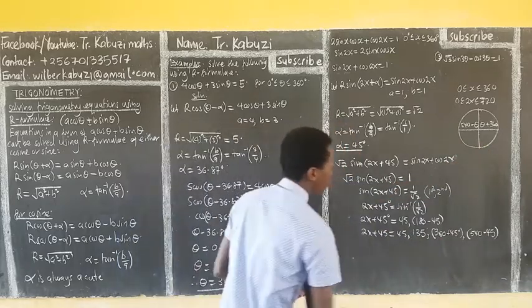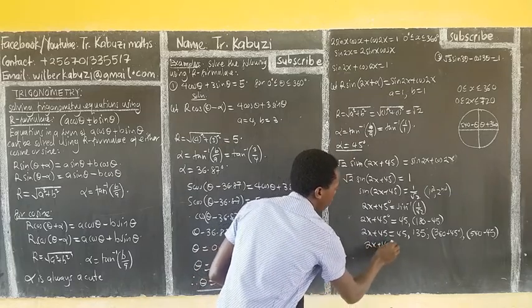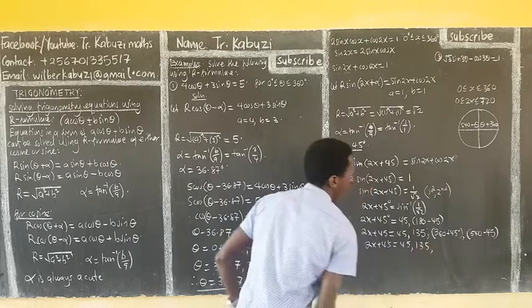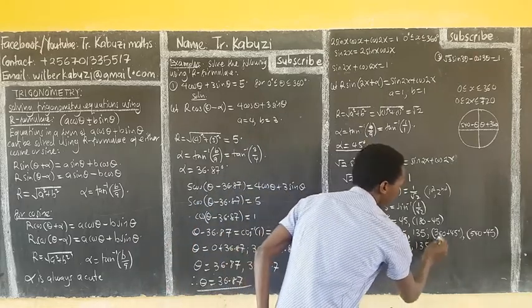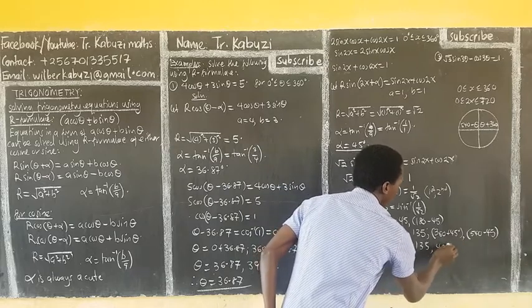Now, from here, we just compute everything. So my 2x plus 45 will be 45, comma, 135, comma. When you add 360 and 45, you get 405.